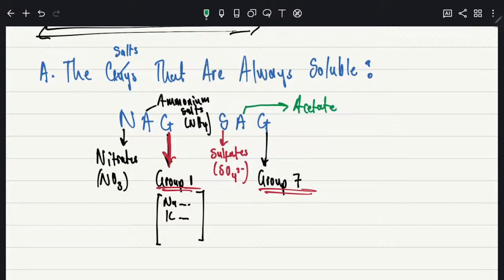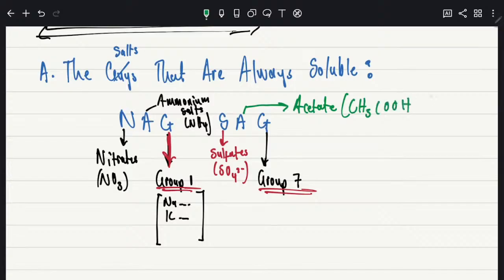Then here we say acetate. Acetate comes from acetic acid, which is vinegar. You always put it in your chips. You like vinegar. Vinegar is also in chem called ethanoic acid. So when we have acetates, they are from ethanoic acid, which is like this.